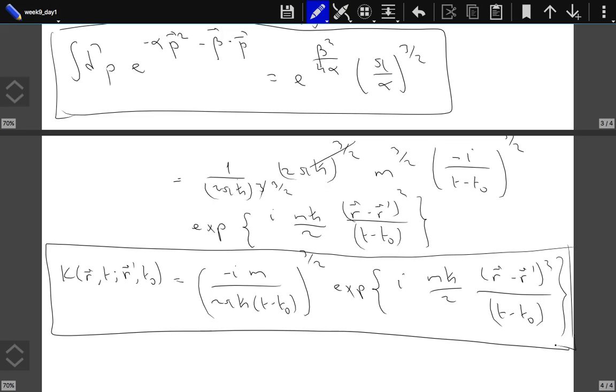So basically, given any initial wave packet, you can just use this expression to evaluate its time evolution.